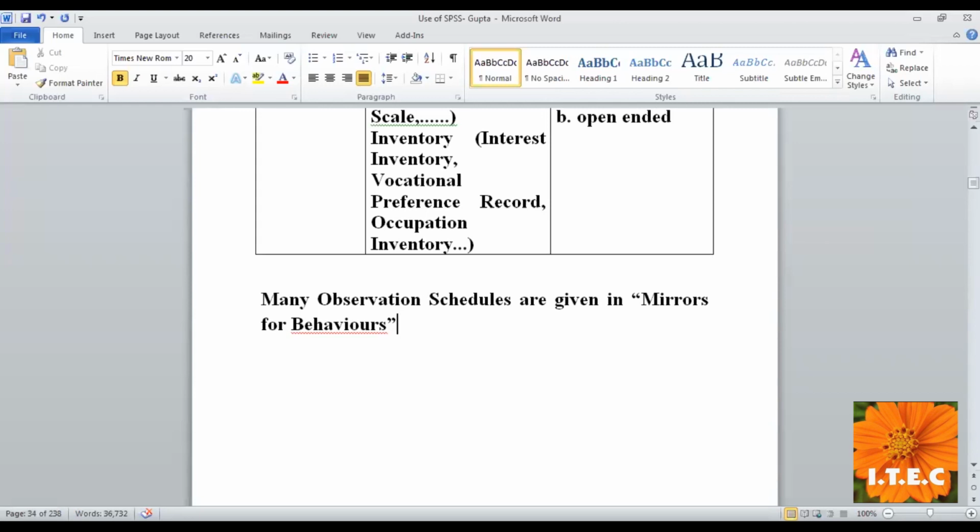You ask one question, there will be a reply, and on the basis of that reply, you ask another question. You get another reply, and then you ask another question. This is how you go deep and deep and deep.